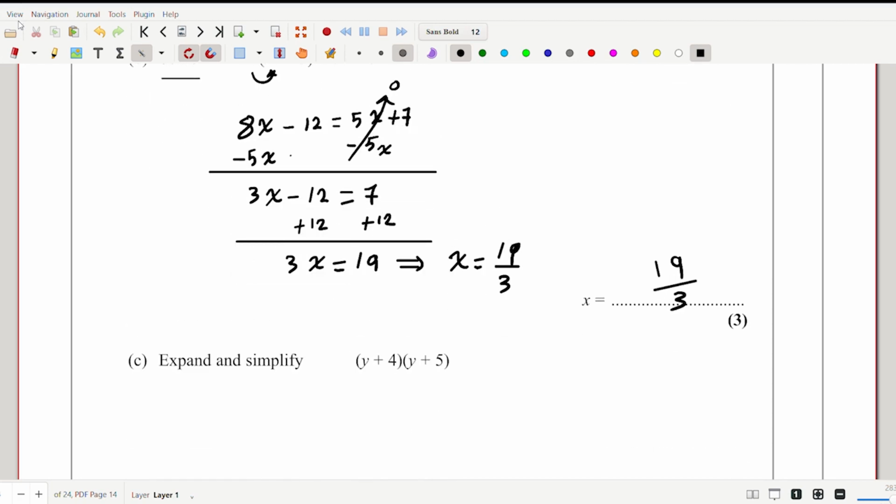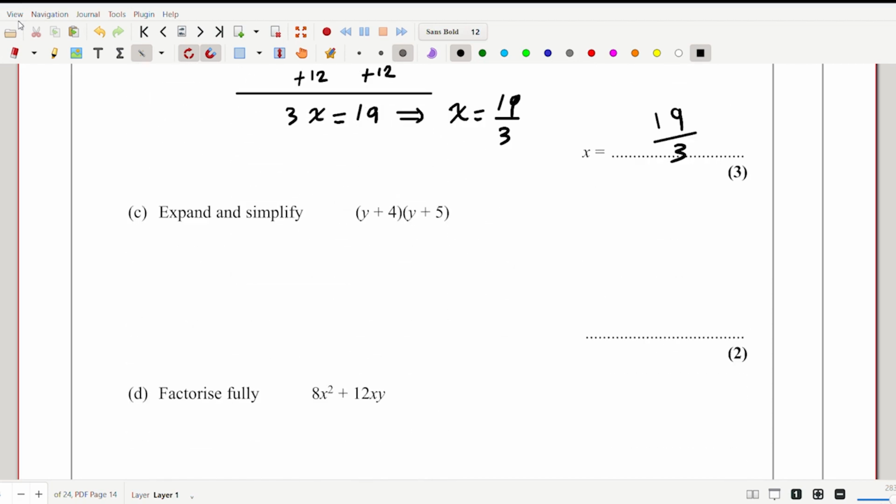Now here, expand and simplify these two brackets. We multiply y times y and y times 5, then 4 times y and 4 times 5, and we collect like terms.